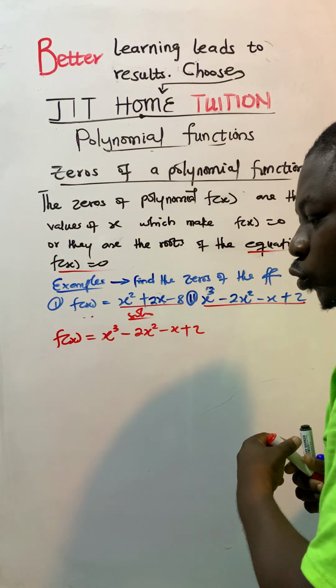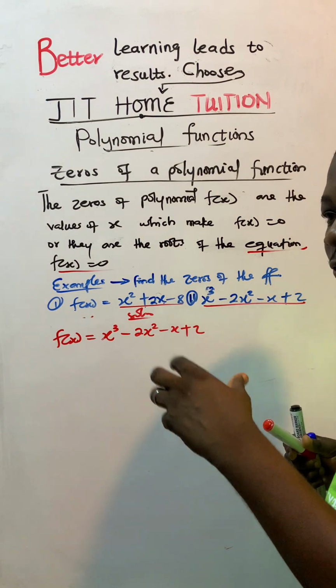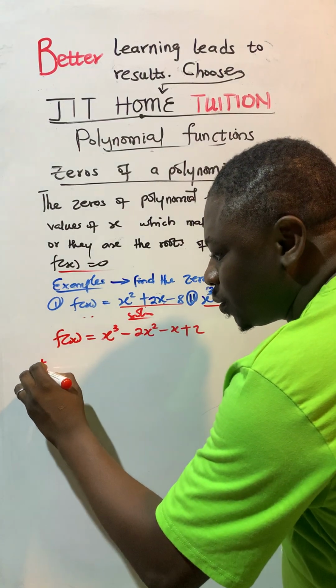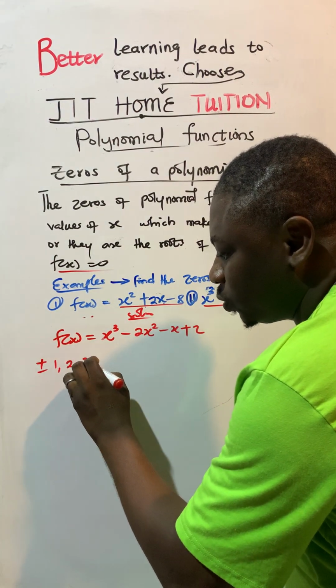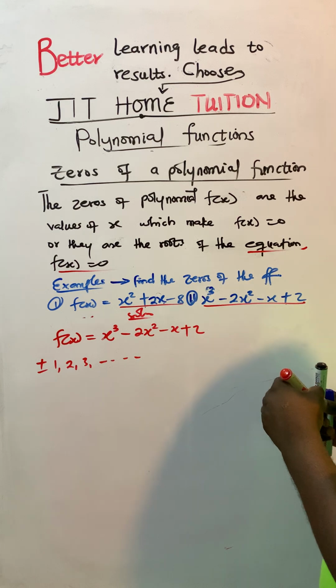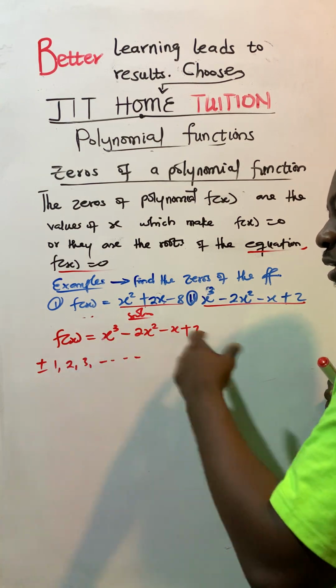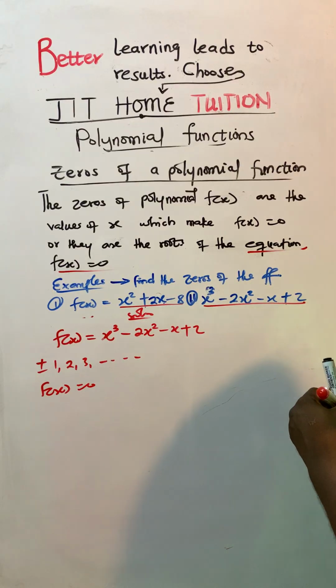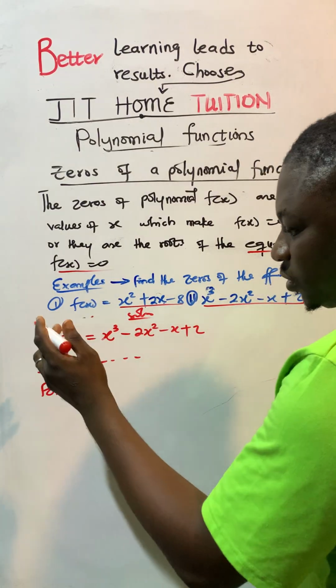And so what are you going to do? What you're going to do is that, if you remember the factor theorem, we said that you start with plus or minus 1, 2, 3 till you get the one that will make the function f of x equal to 0. So maybe you can start with positive 1.